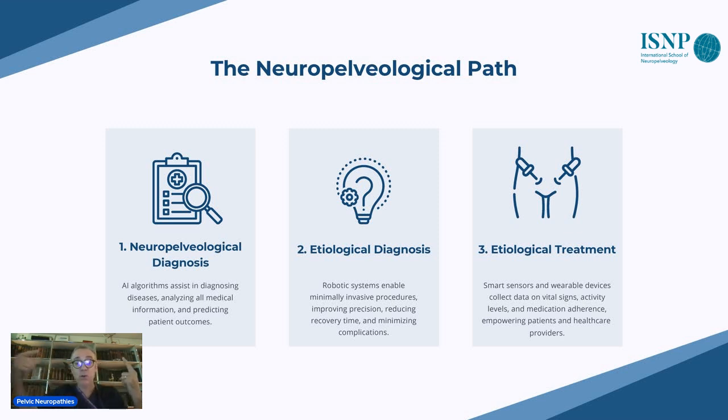And the second step will be to find out what could be the cause of this nerve irritation or nerve damage. Is that endometriosis? Is that a tumor? Is that a lesion of the nerve due to a previous surgery? Only then will you be able to treat the patient, because the treatment will be adapted to the cause and to the nerve, which nerve, in which location in your pelvis.